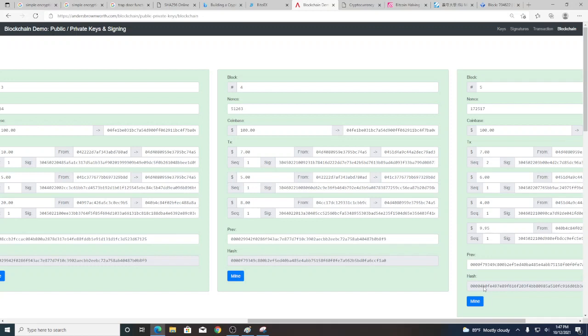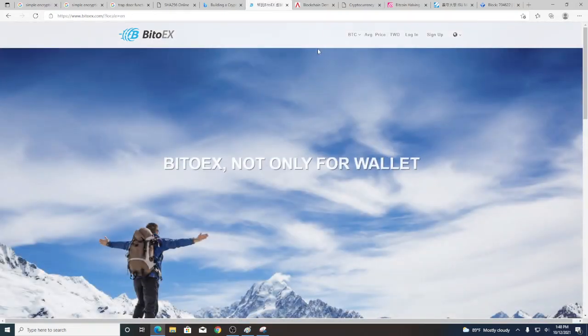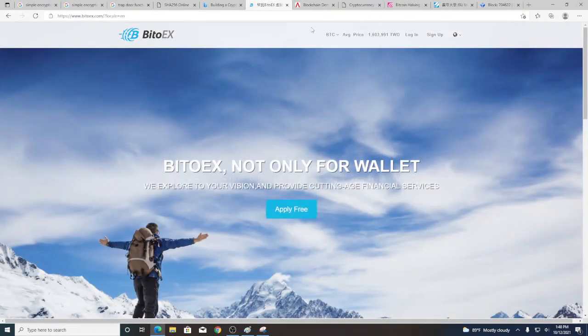So the industry standard for most cryptocurrency exchanges, here's an example of an exchange that works in Taiwan, and there are many other exchanges all over the world in many countries, is 6 blocks, okay? So with exchanges which work with millions and millions of dollars every day, right?